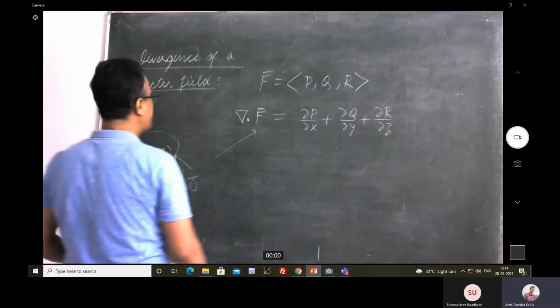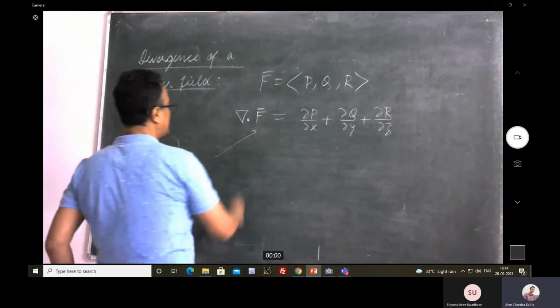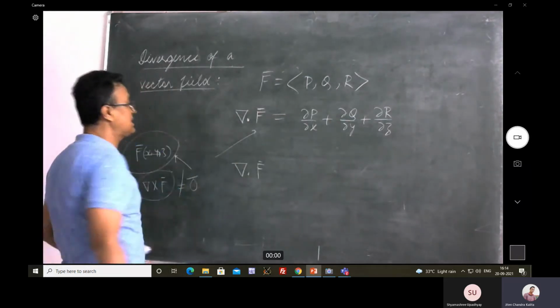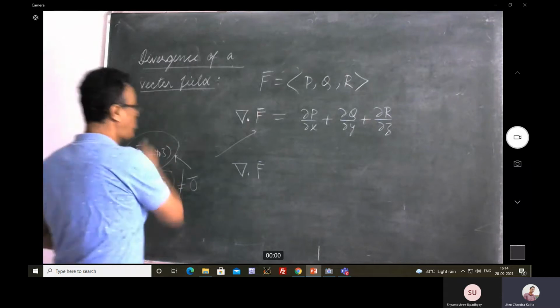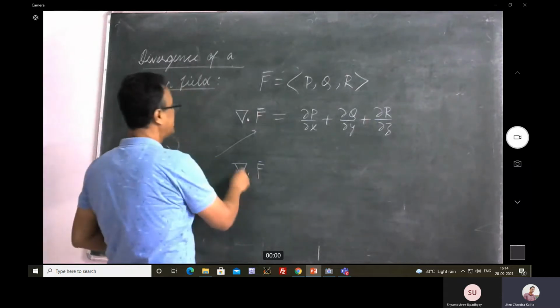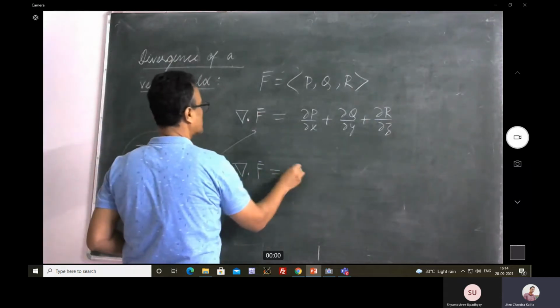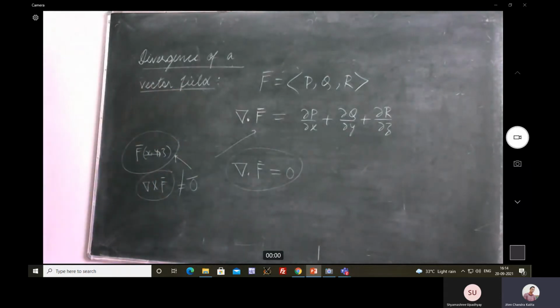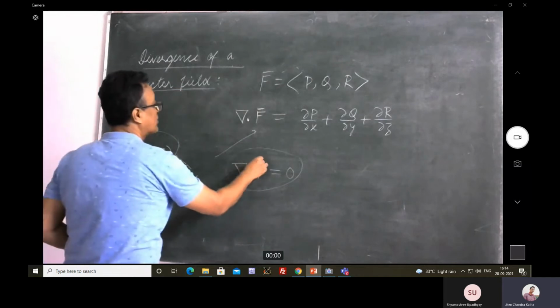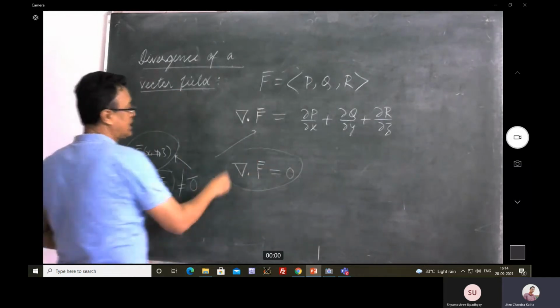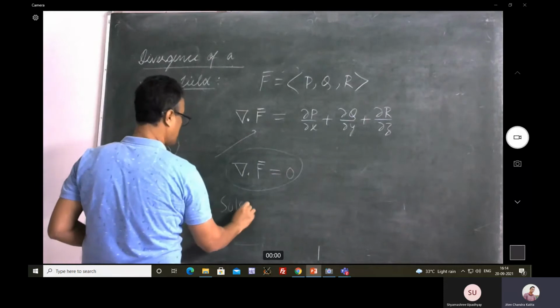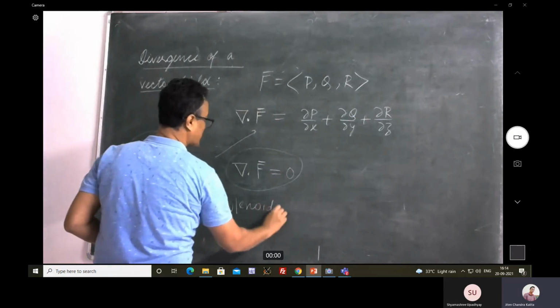Likewise, if F represents the velocity of fluid at a point in a certain domain, and if the divergence of F is equal to 0, in fact for any vector field, if this happens, we say that the field is solenoidal.